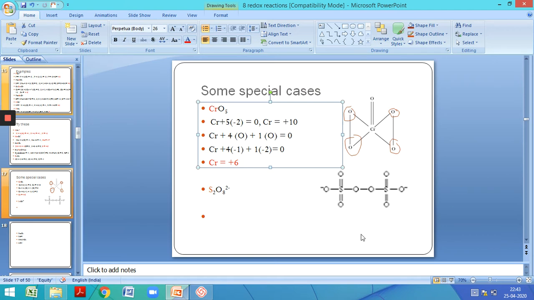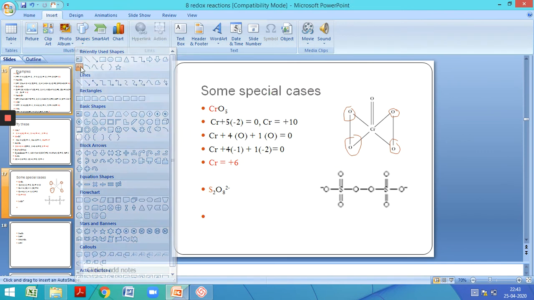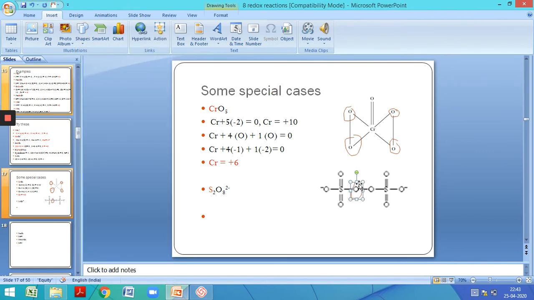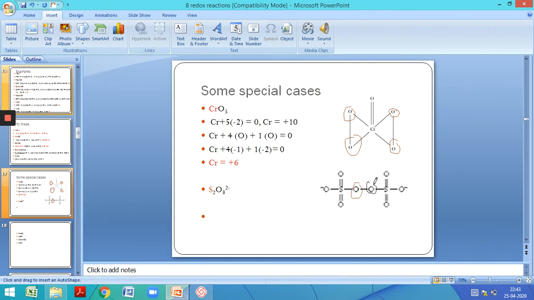If we draw the structure of this compound, we see that there are two oxygens bonded to each other. The oxidation number of these two oxygens is going to be -1 because each is bonded with the other oxygen atom by a single bond, like in a peroxide.